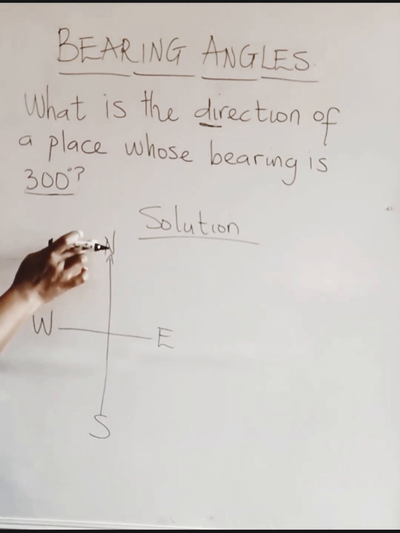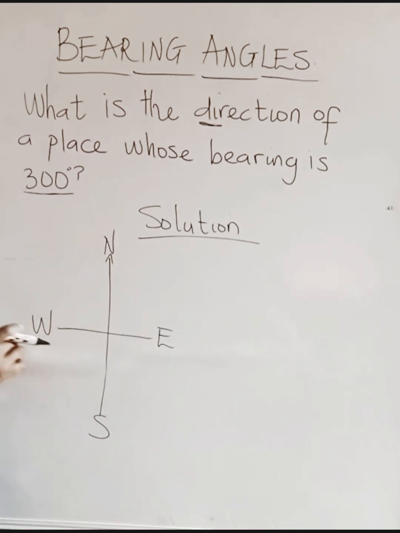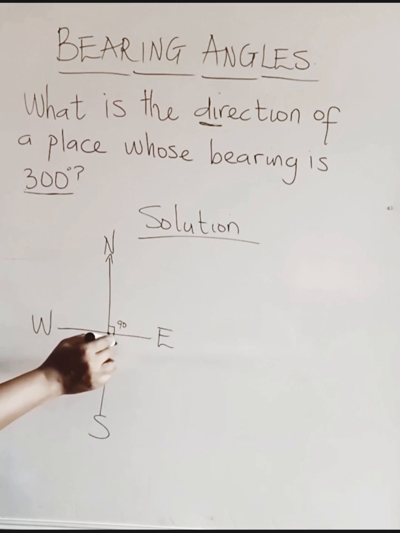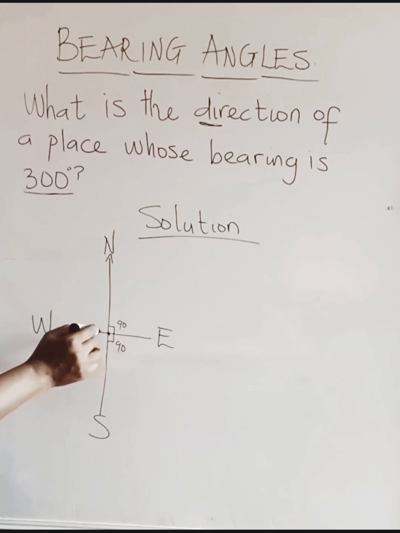These cardinal points are also known as the primary directions, and they divide the angle at a point into 90 degrees each, to sum up to 360, which is the angle at a point.